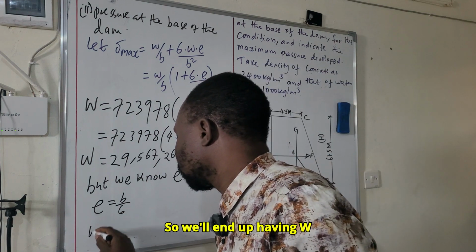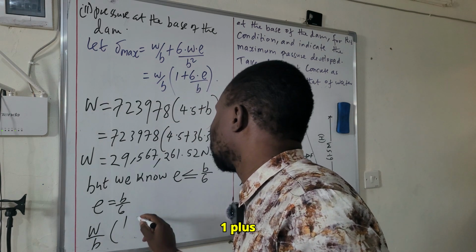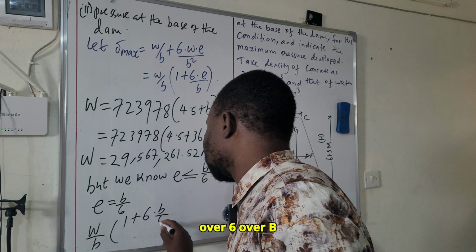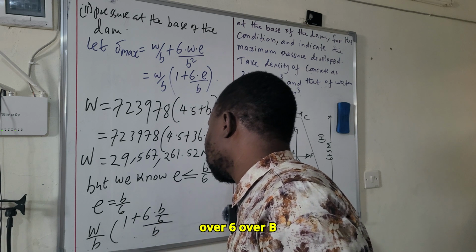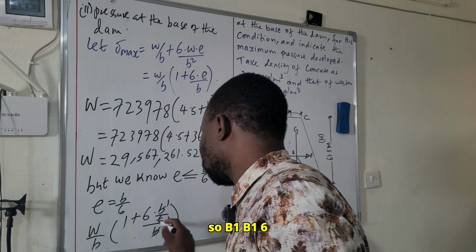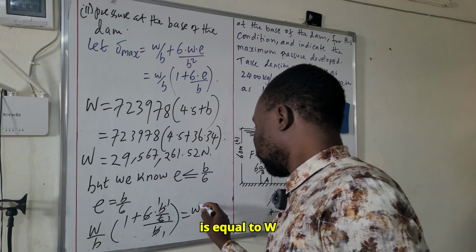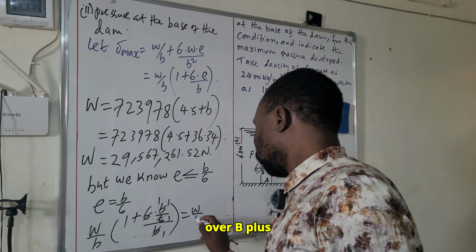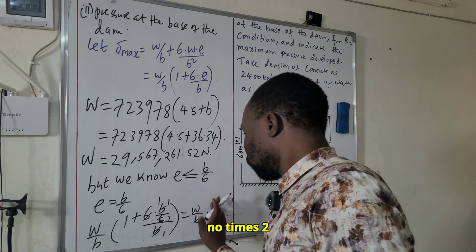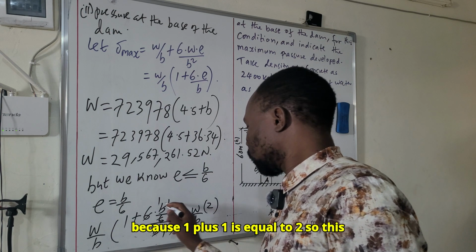We'll end up having W over B into bracket 1 plus 6 times B over 6 over B. So the 6s cancel, and the final expression is times 2, because 1 plus 1 is equal to 2.